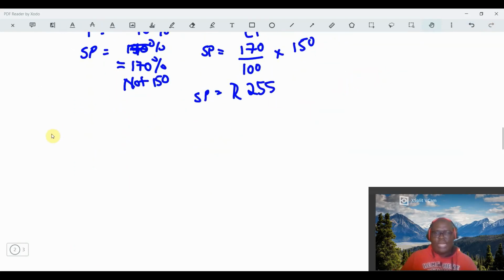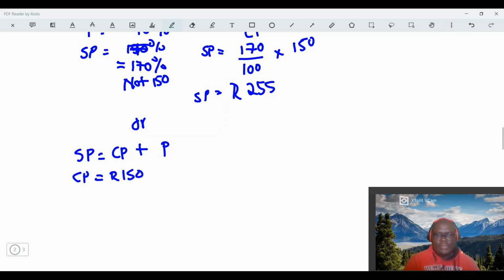You can also use the other method if you don't understand that one, or you can opt to use this one. You say, okay, my selling price is equal to cost price plus profit. Now from there you try to get the different amounts that you have. Your selling price is not given, as it is what you're looking for, so that means you must look for the cost price. The cost price is equal to R150, and then your profit is what you must get now.